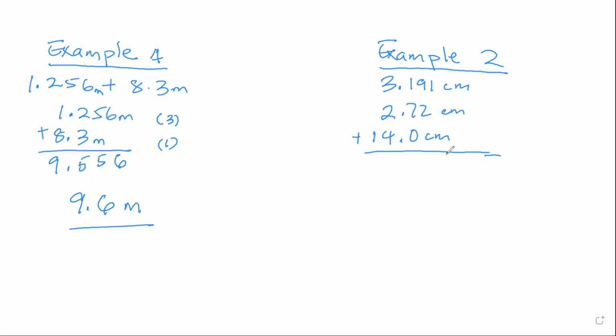So we look at the number of decimal places here: 3, 2, 1.